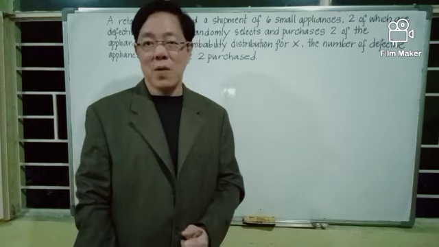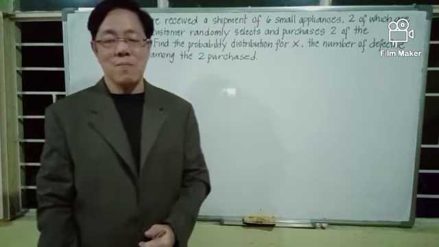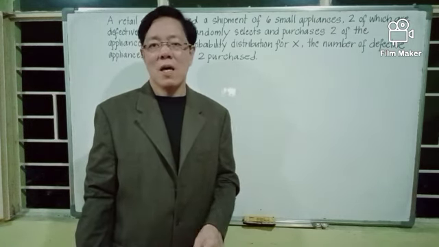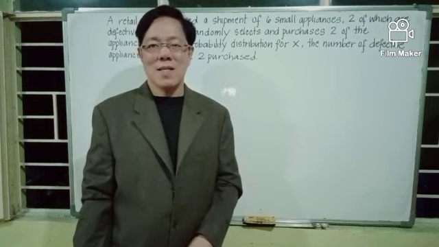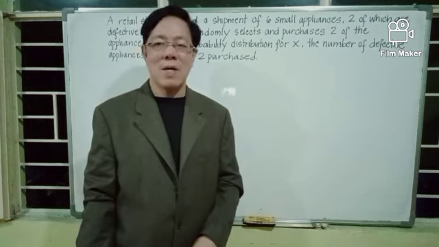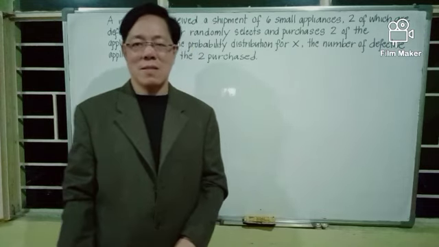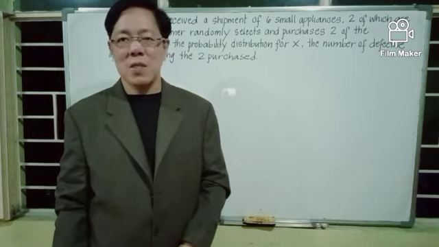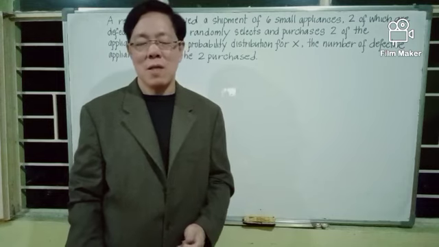First, we find the number of ways that the customer can select at random 2 of the 6 small appliances. From your course in Statistics 1 or Elementary Statistics, we find the number of ways that the customer can select 2 items at random from 6 small appliances by using combination.